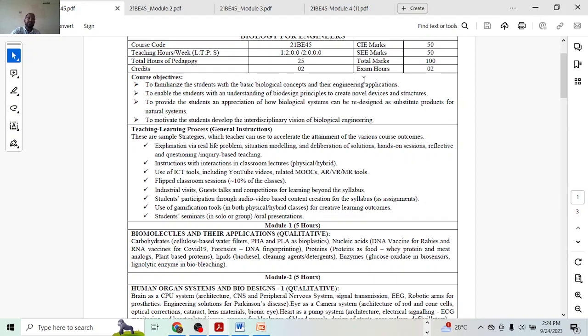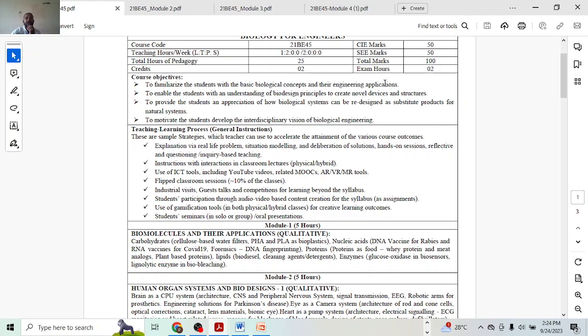For material science, if you are from a mechanical or material science background, you can come up with new ideas where biomaterials can be designed which are biocompatible in nature, and prostheses or implants can be made by mechanical engineers because of their understanding of material science. The same goes for civil engineering, where we use bioconcrete, one of the topics we have studied.